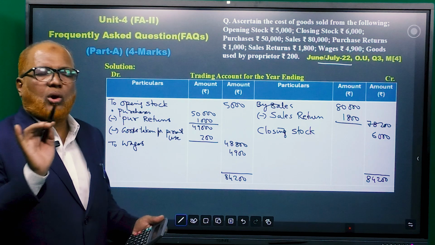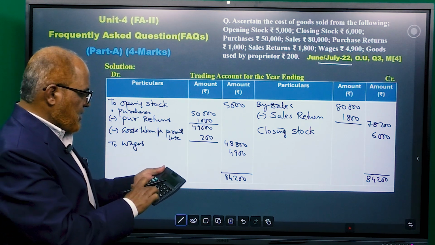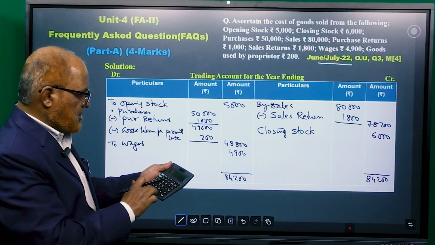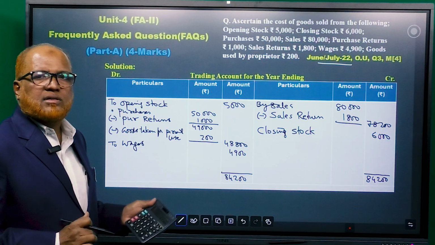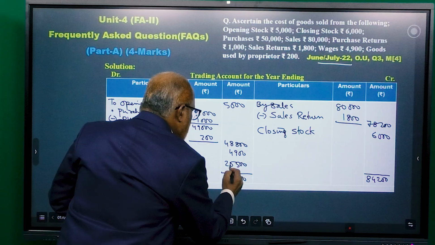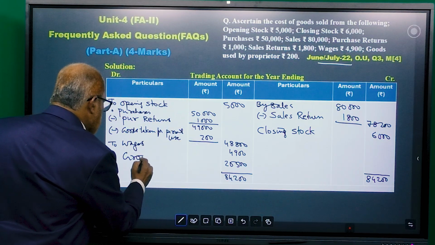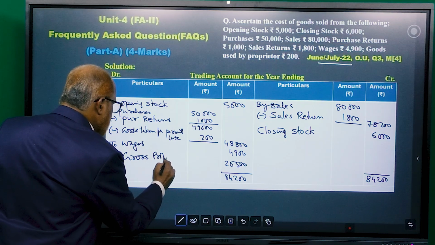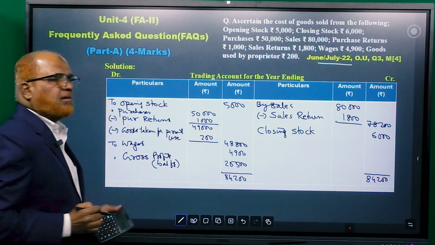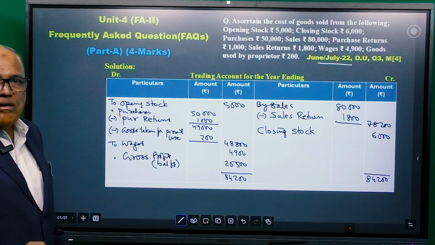Now we subtract all the debit side items, minus 5,000 and minus 48,800 minus 4,900. You will get 25,500. So 25,500 is the gross profit. And this is the balancing figure. This is the purpose why we make the trading account. So we got 25,500 as the gross profit.